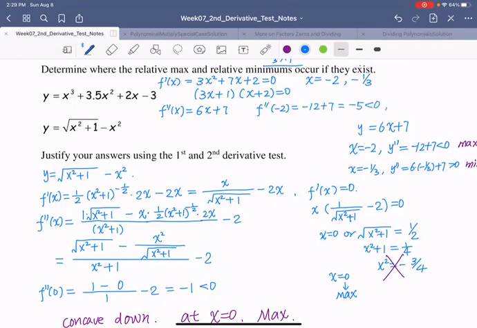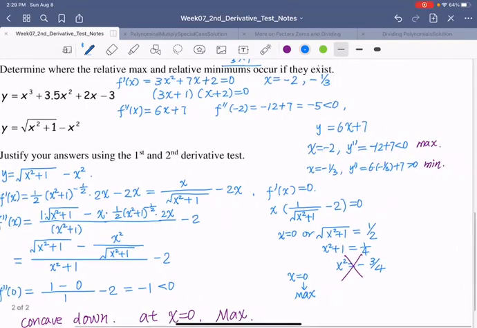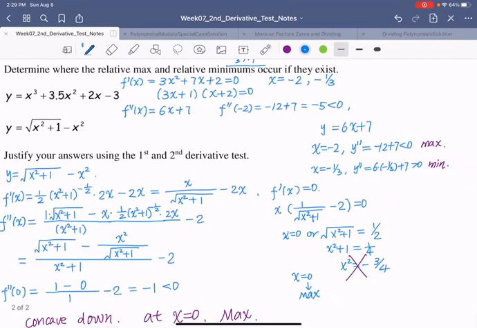Will this be concave up or concave down? Concave down. So that's a local minimum or local maximum? Maximum, right. So this is your corresponding local maximum.